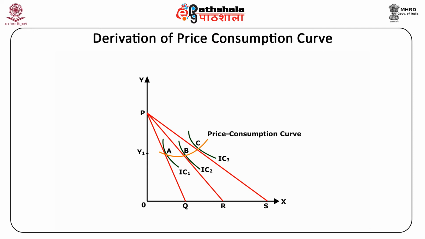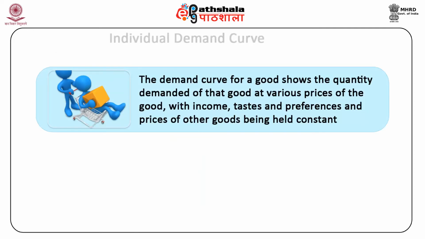The demand curve for a good shows the quantity demanded of that good at various prices of the good, with income, taste and preferences, and prices of other goods being held constant.